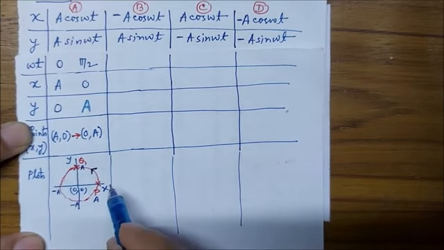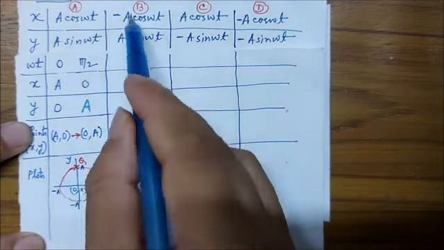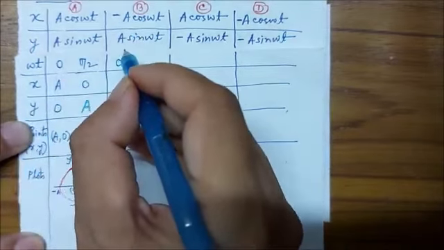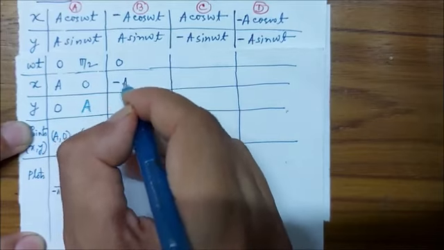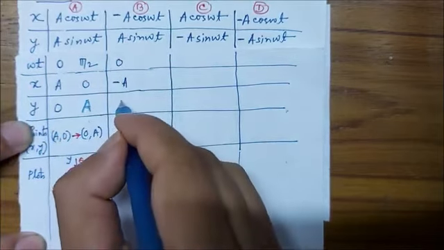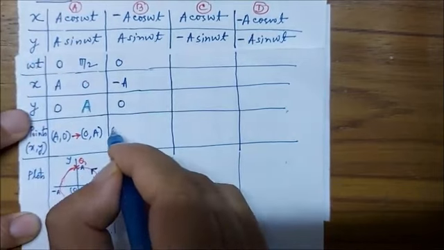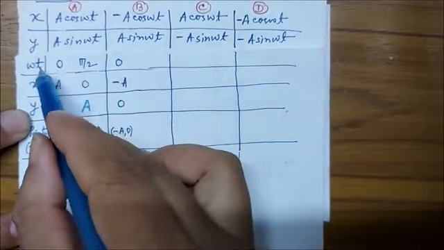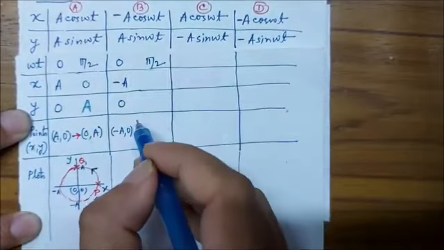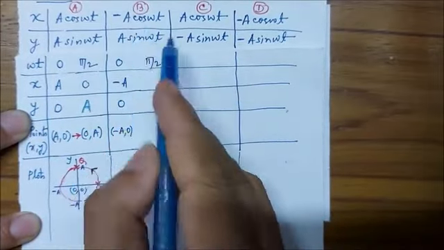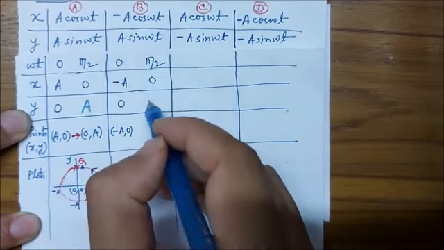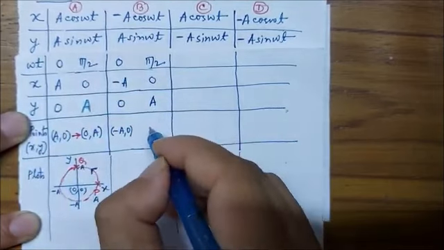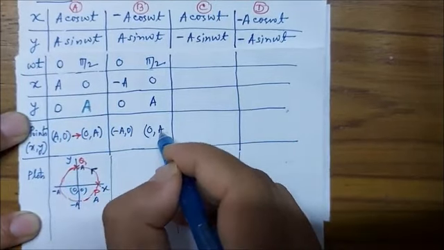We next come to the second problem, 2b, according to which for omega t equal to 0 we have minus a and y is 0, so that the point that we get is (minus a, 0), and when omega t is pi by 2, x is 0 because cos pi by 2 is 0 and y is a, which leads to the point (0, a).